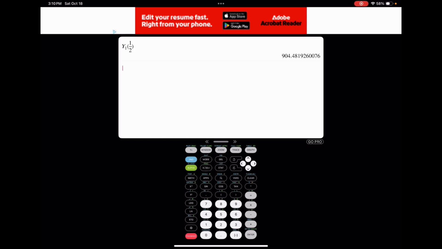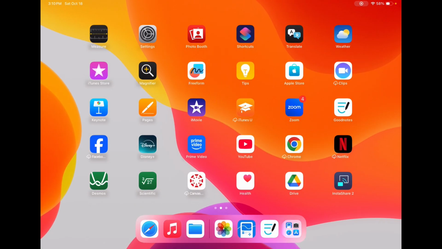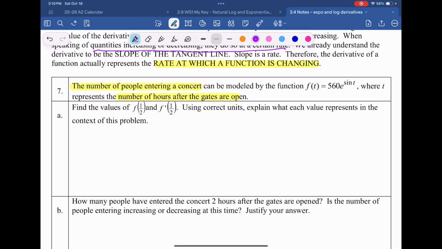So 904.481, so 904.482 if we round it correctly. So f of 1/2 is 904.482.